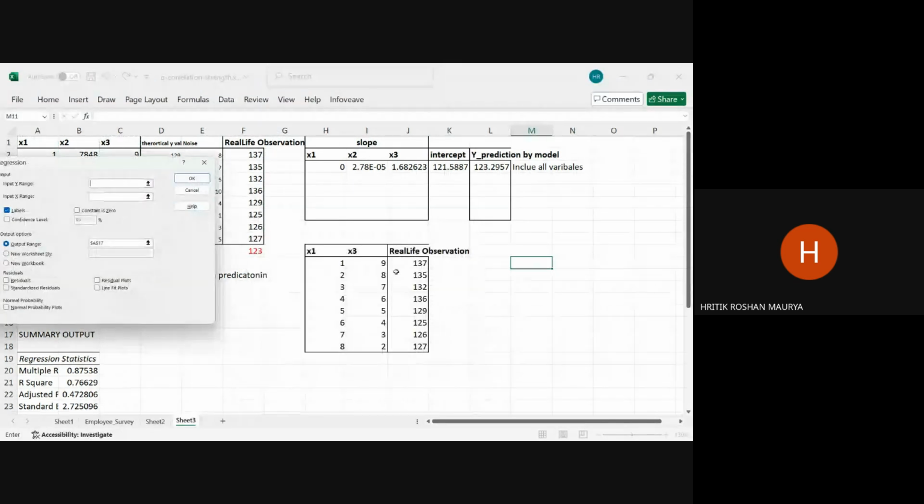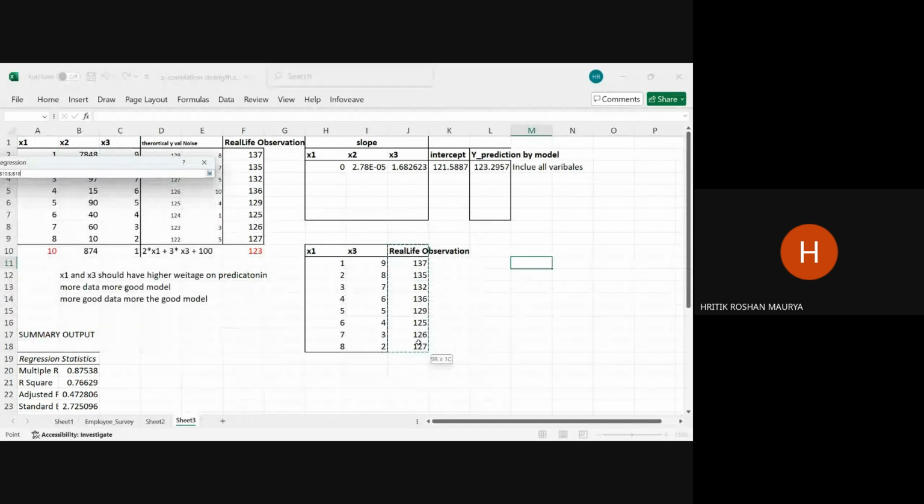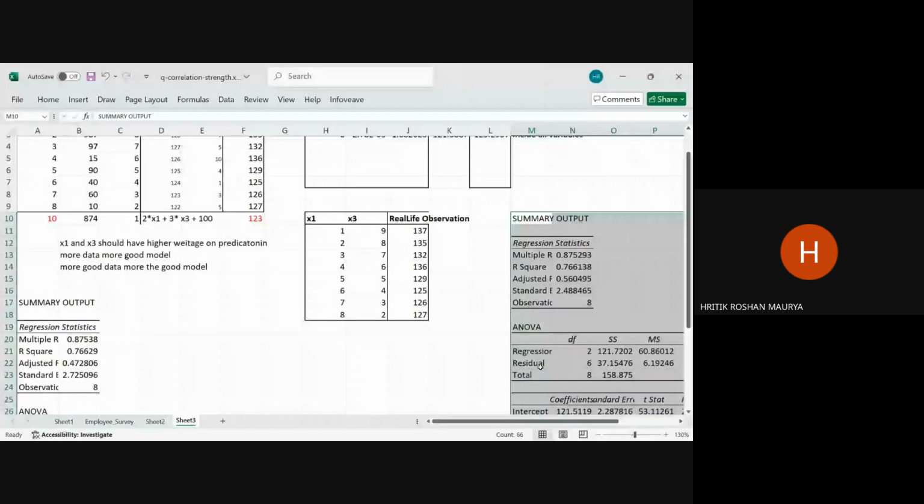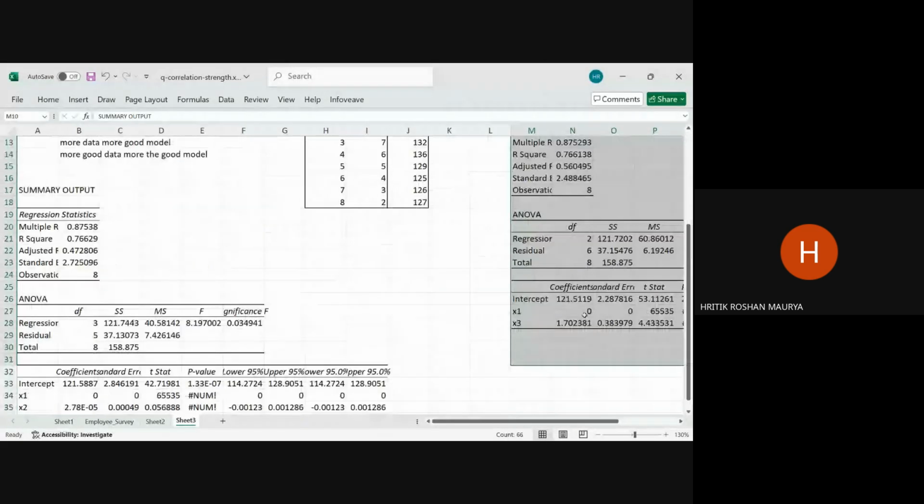So if I select this y value now, and if I select this x value, labels is there, the output range I am selecting right now here, and I will again copy the x intercept.